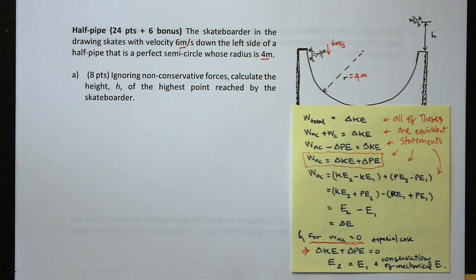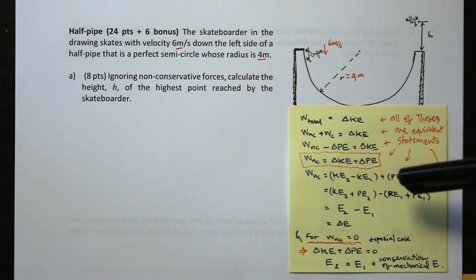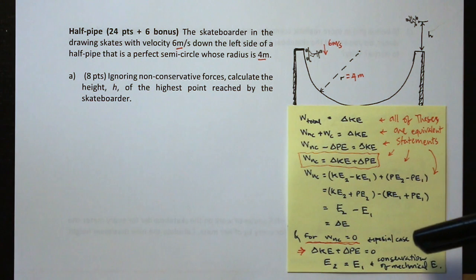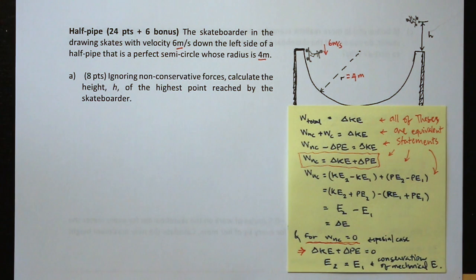So the two ways that you could tackle this problem are, you can start from this equation, which I typically like, or if you know that you are in this regime where the non-conservative forces are doing no work, then you can start right away with the conservation of mechanical energy.